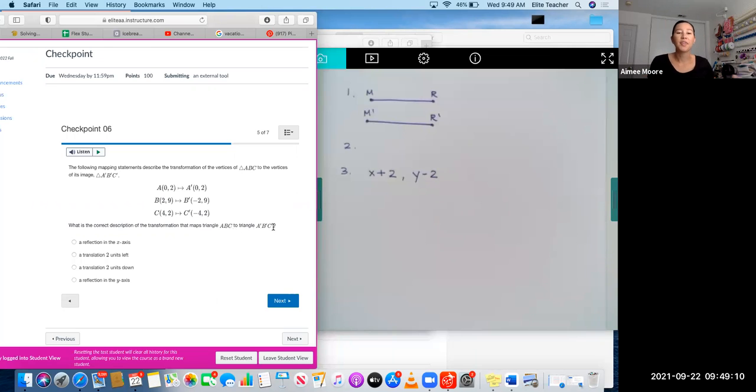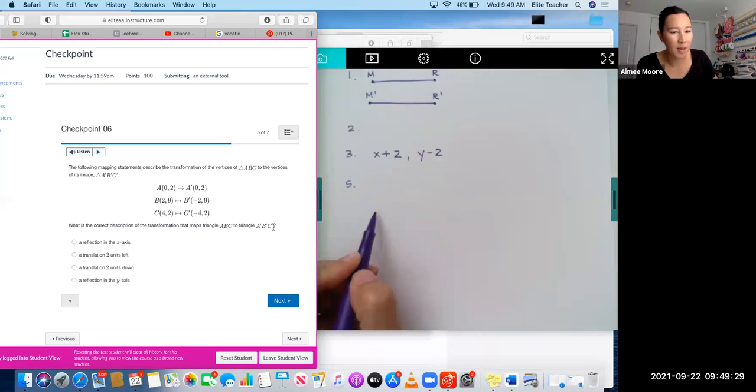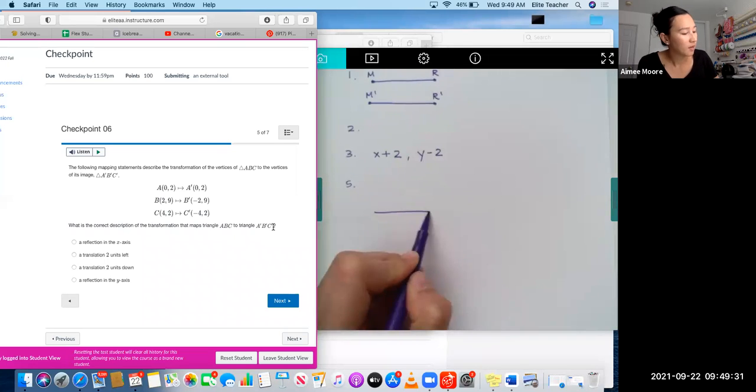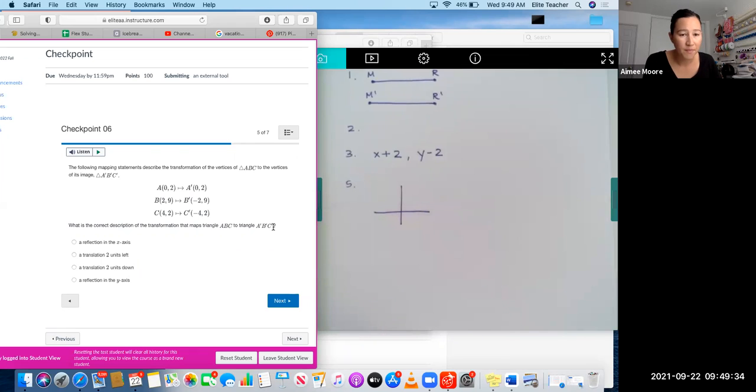So for these, they gave you some rules, like if X was positive and then X is negative, and then if Y was this and now Y is this, there's rules. The easiest way, instead of having to remember all of those rules, is you can just sketch it so that you don't have to worry about memorizing all of that. So we could sketch a little graph.